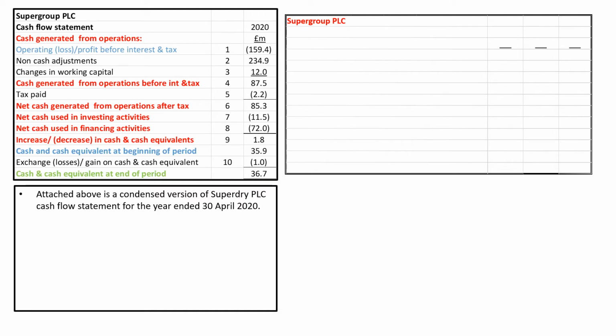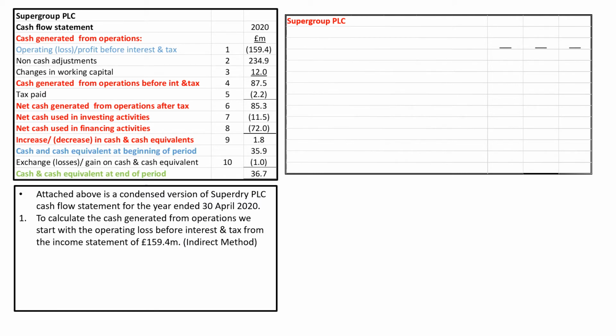Attached above is the condensed version of Superdry plc's cash flow statement for the year ended 30th of April 2020. And our first task is to calculate the cash generated from operations, and to do that we start with the operating loss or profit before interest and tax, and in the case of Superdry it was a loss which was 159.4 million.